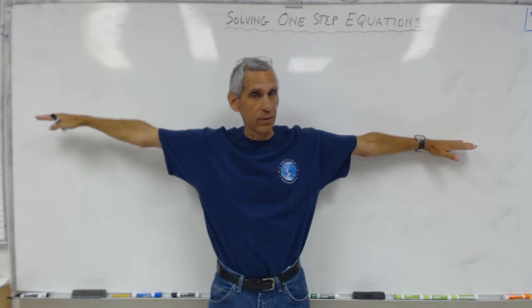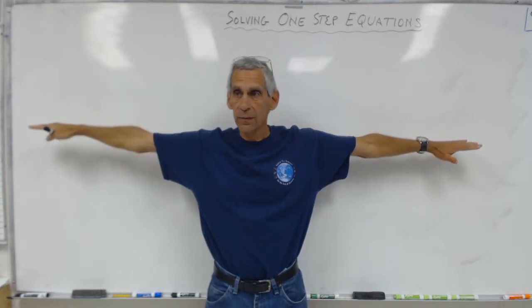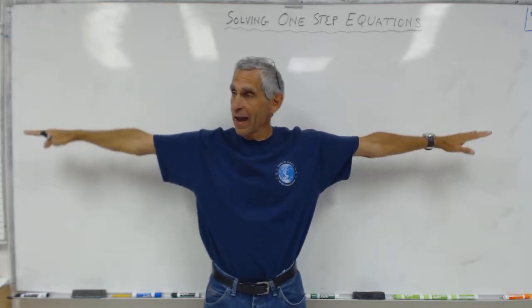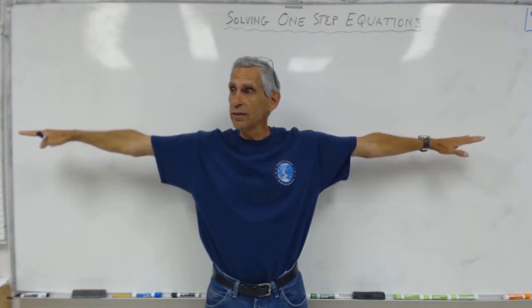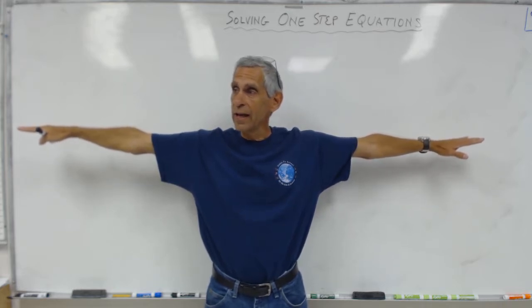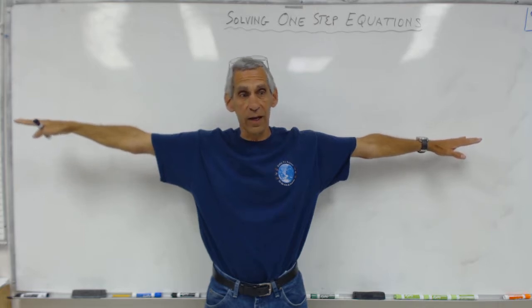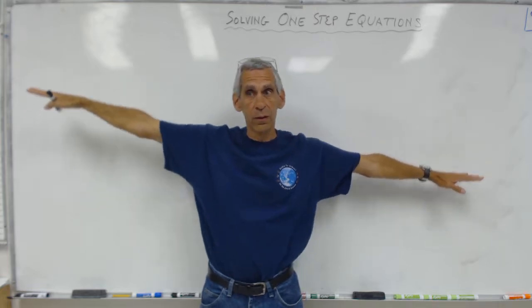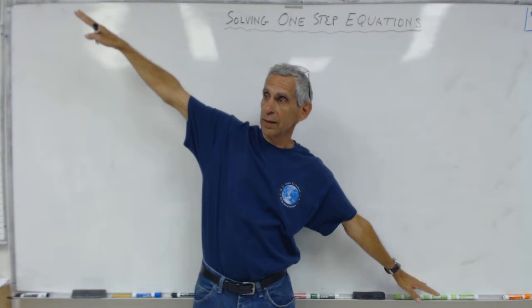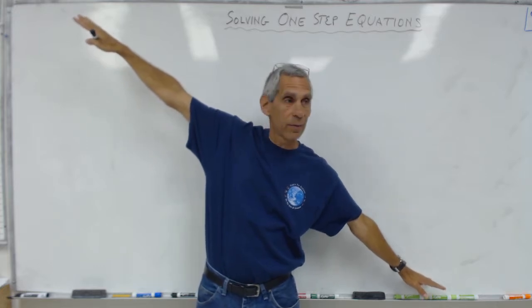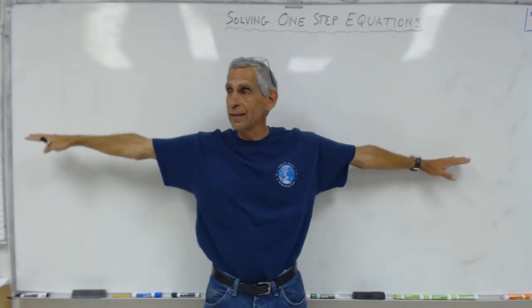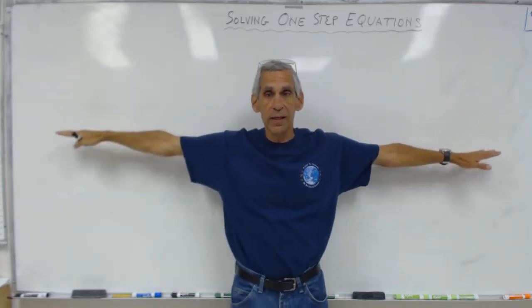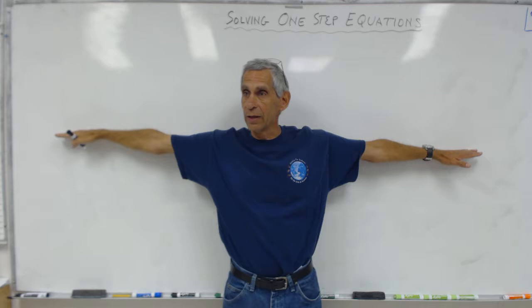What's on this side is identical to this side. Think of a balance scale. If I have the same weight on both sides, am I balanced? Yeah. As soon as I take a little bit of weight off, say, this side, what happens? You go down. It messes up my balance. So the goal with an equation is always keep it balanced.